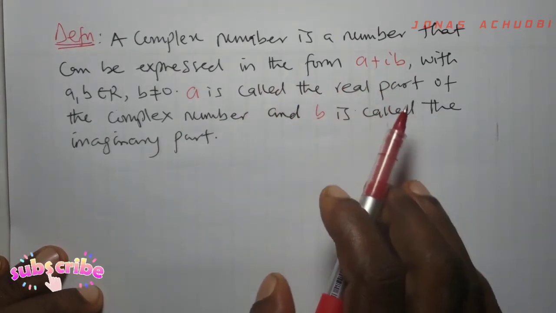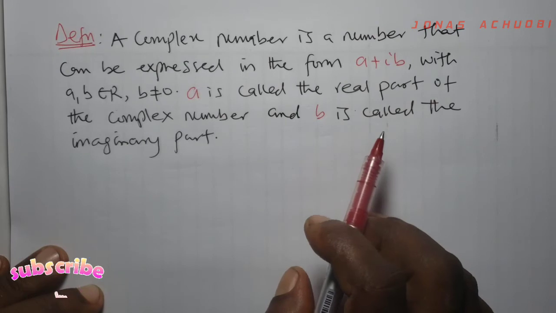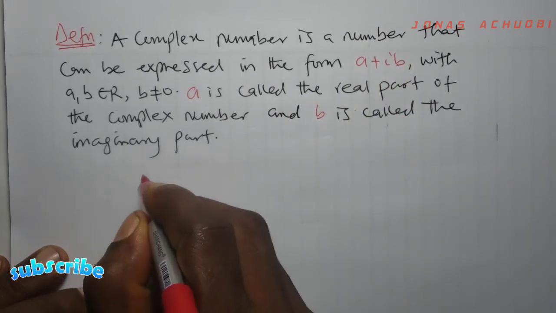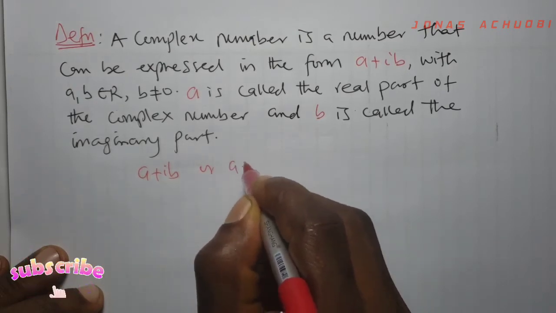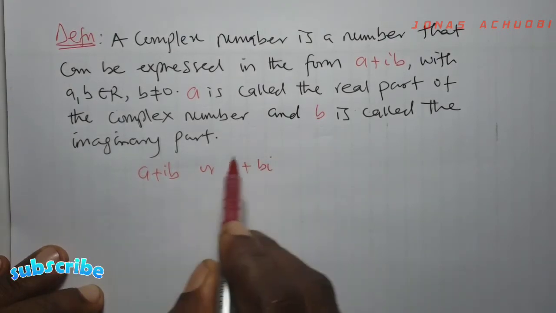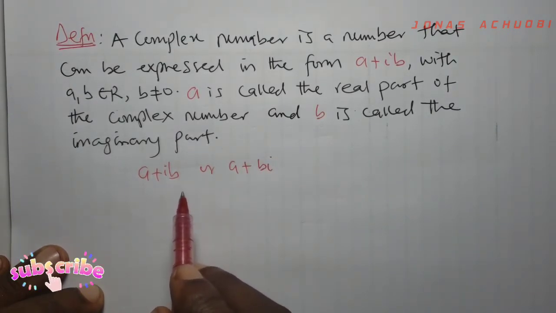So what does this definition mean? This is what it means. We're saying that if we see a number written in the form a plus ib or a plus bi, this number is called a complex number.